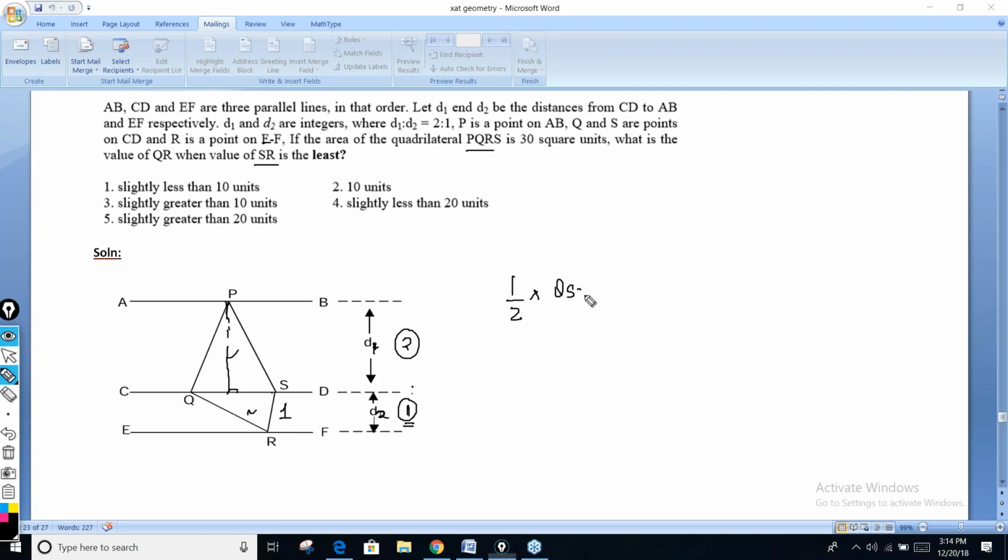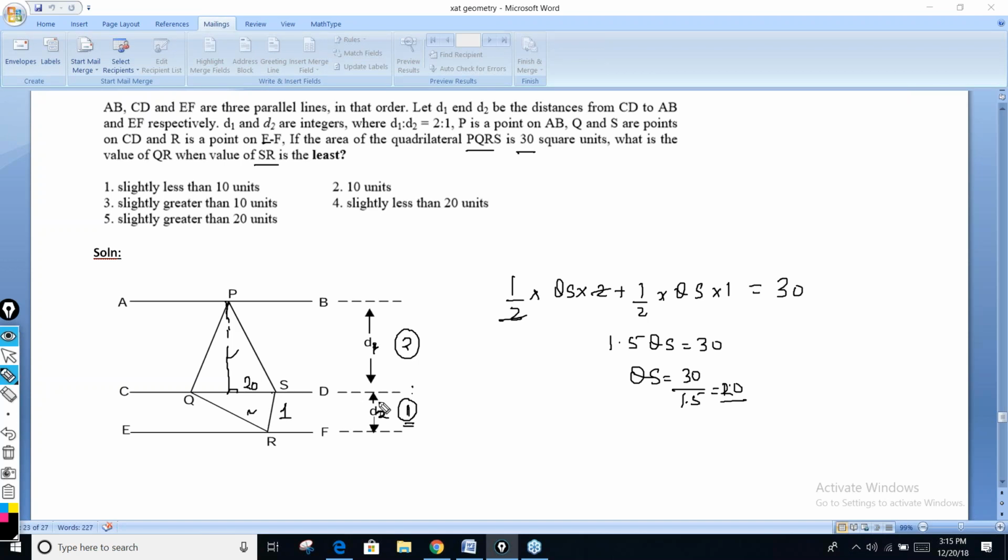Half base into height plus half base into height. That area is given as 30. So what do we get from here? Half into 1.5 QS is 30. QS comes out to be 30 upon 1.5, which is, sorry, 20.